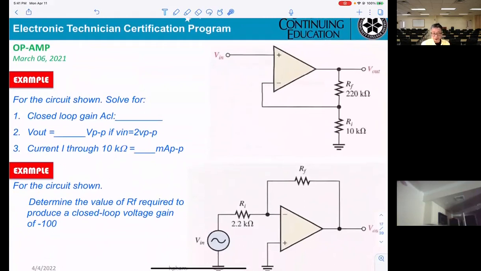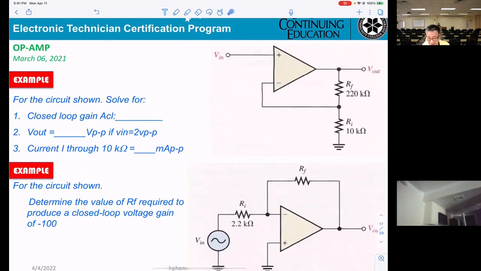Now, also, when you're looking at an op-amp configuration, you must recognize whether it is inverting or non-inverting. To determine which one, it depends on where the input connects.